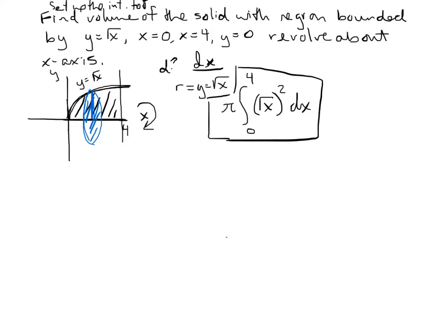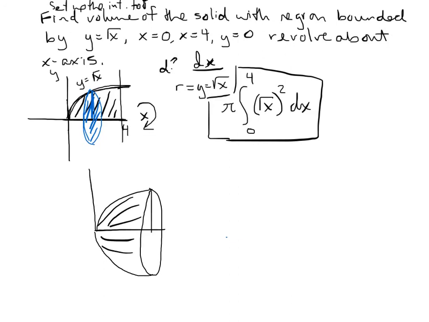And just to give you an idea of what this would look like, if we took this whole region and revolved it about the x-axis, there's the outer radius of it, and you would get this kind of solid. What is that?